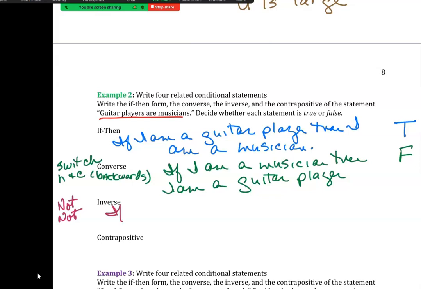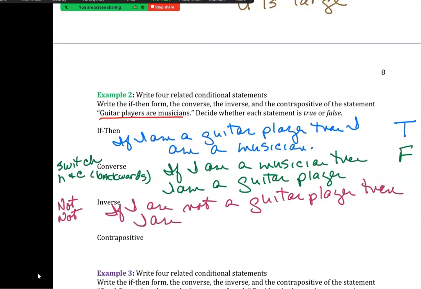Not: if I am not a guitar player, then I am not a musician. If I am not a guitar player, then I am not a musician.